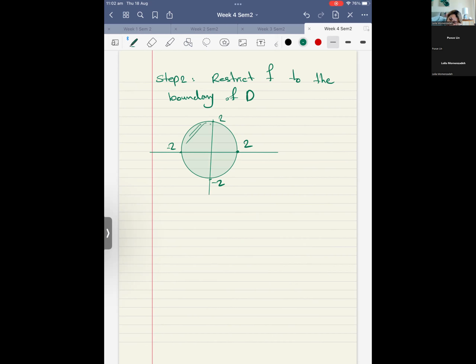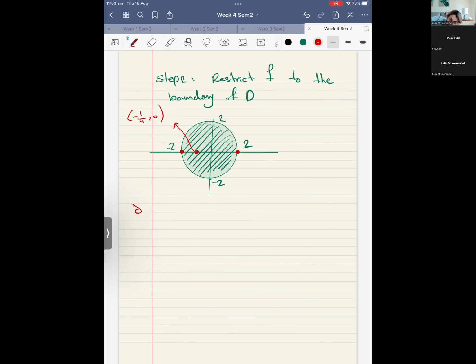Less than or equal means this region, and you know that -1/4 and 0 is a critical point. It's located here, but you should check the boundaries again.